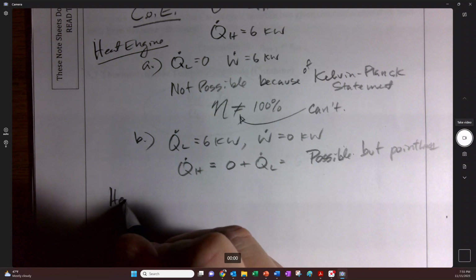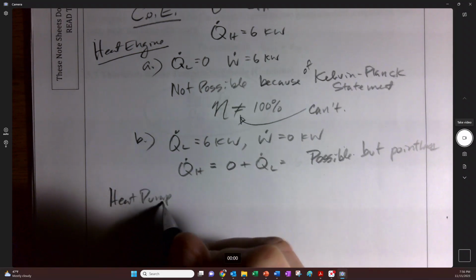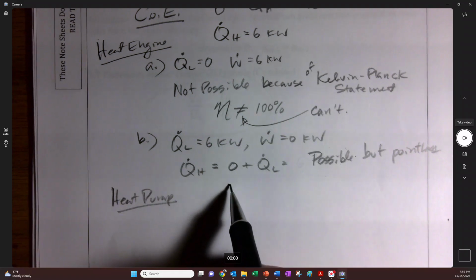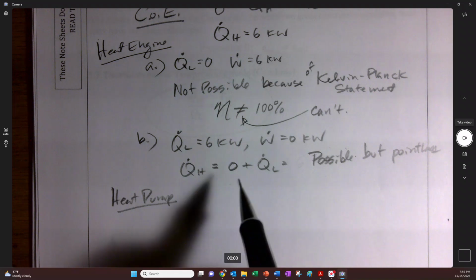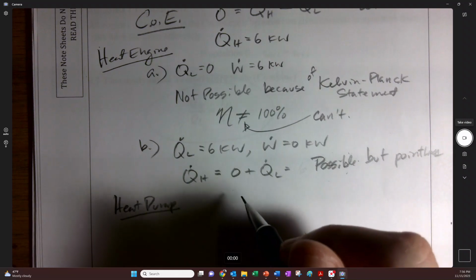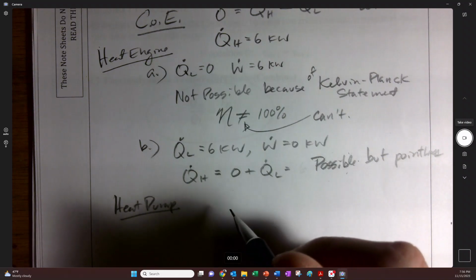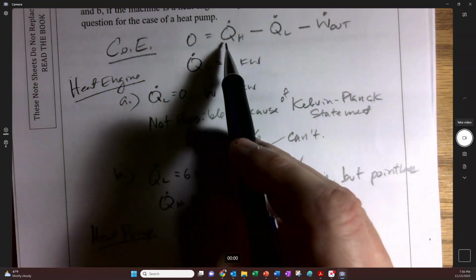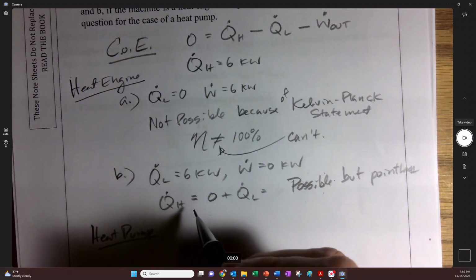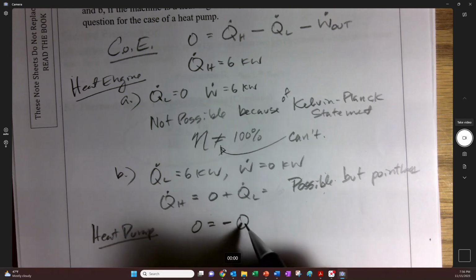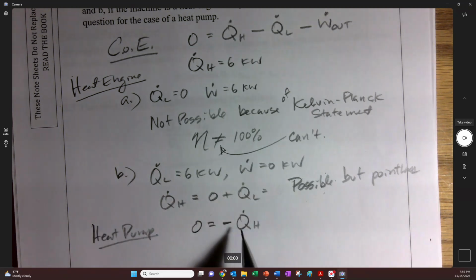If we have it for a heat pump, all right, so here is our other perspective. In our heat pump, all the signs switch. So we have heat out. Now this isn't heat in.